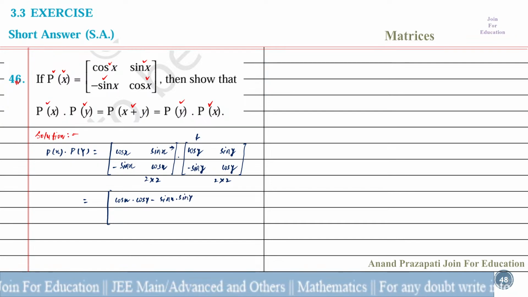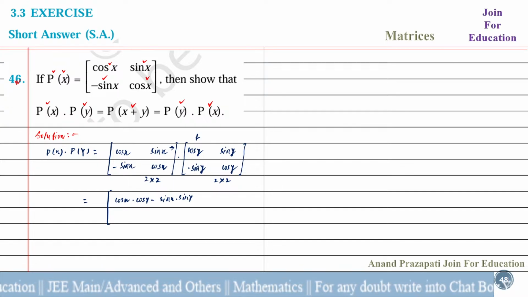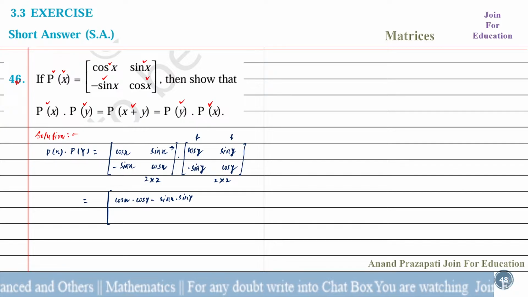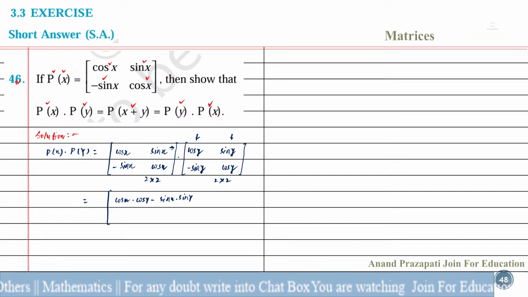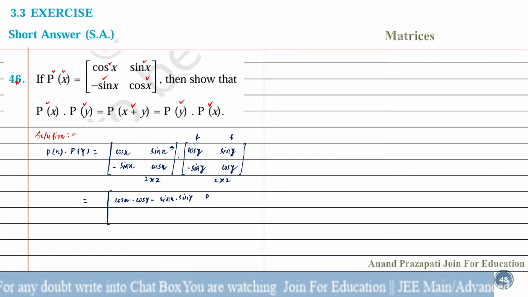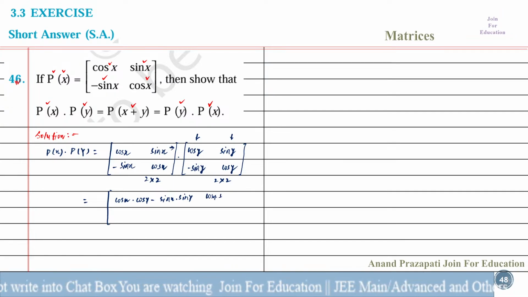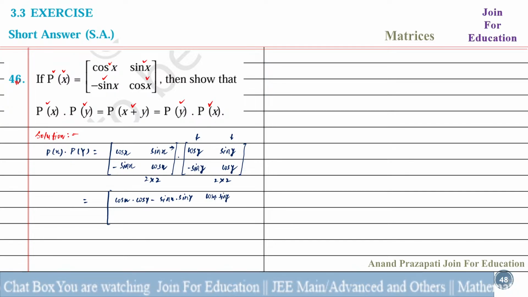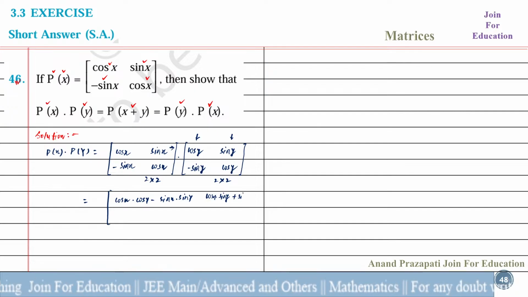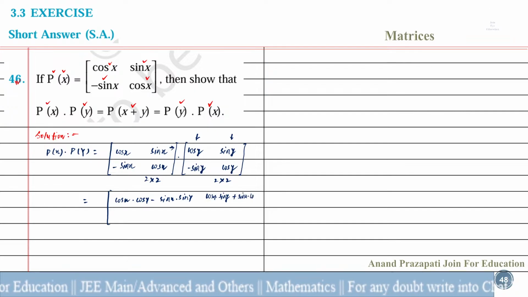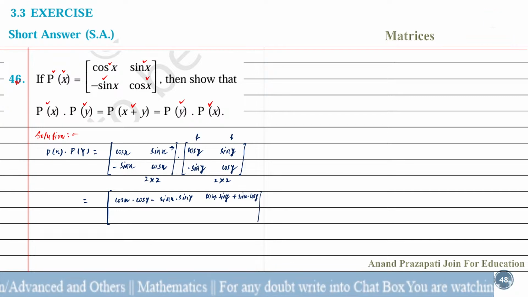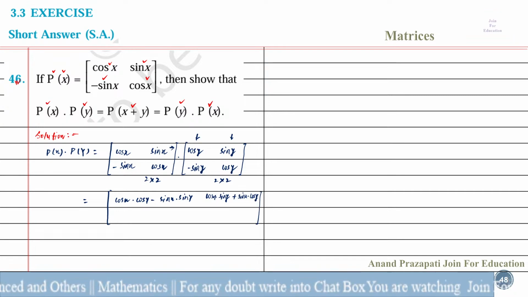Hope there is no problem up to this step. Similarly, first row by second column to get the second element of the product matrix, we get cos x into sin y plus sin x into cos y.